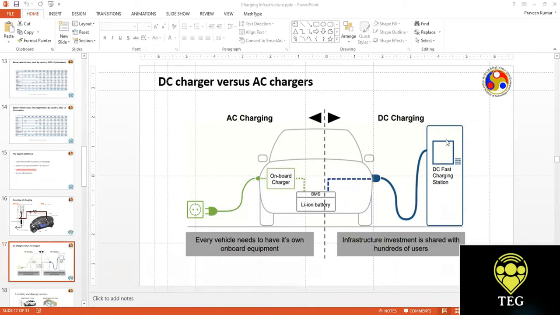So AC chargers are actually onboard chargers, and all the charging associated power electronic systems and subsystems are inside the vehicle, including the battery, of course, and the battery management system.